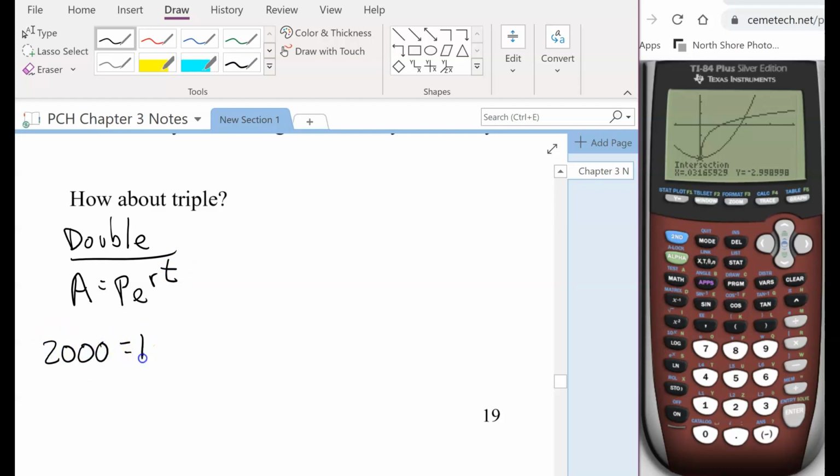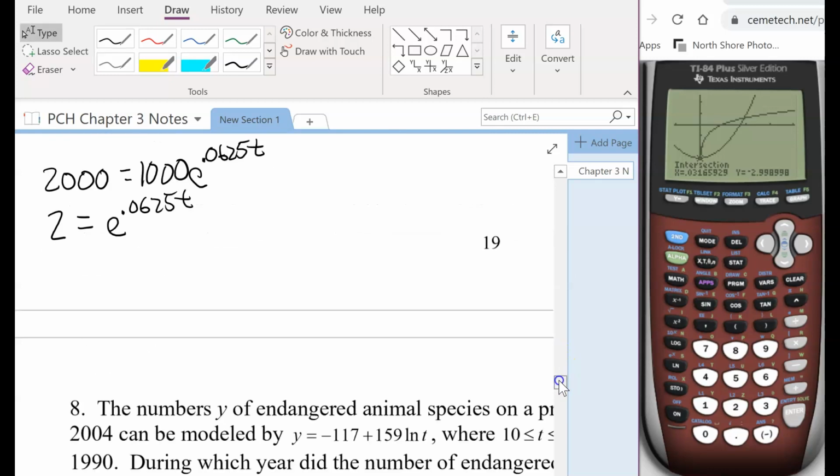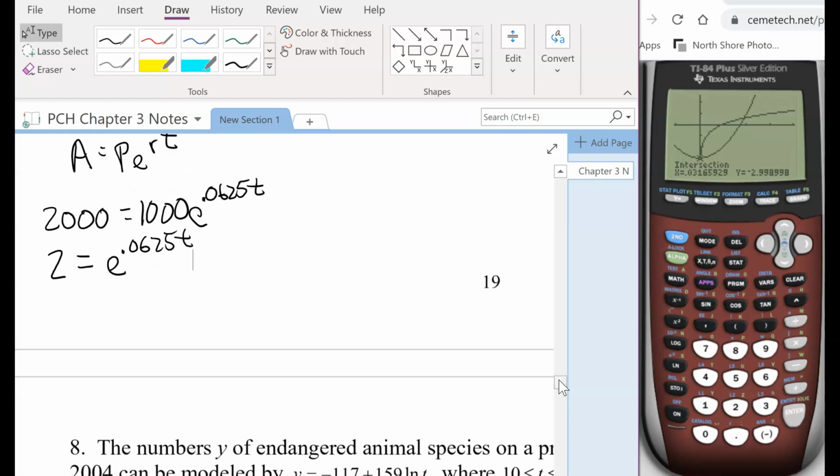So 2,000 is equal to 1,000. Here's our principal. Here's the amount that we have. E and our rate is 0.0625, and we're going to solve for T. So let's solve that for T. Let's divide both sides by 1,000. We get 2 is equal to E raised to the 0.0625 T. Now, if I take the natural log of both sides, I'm going to get the natural log of 2.